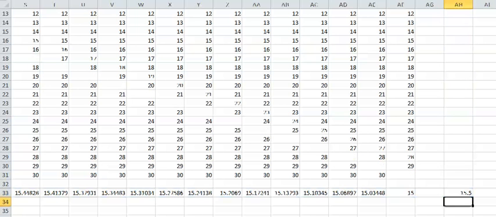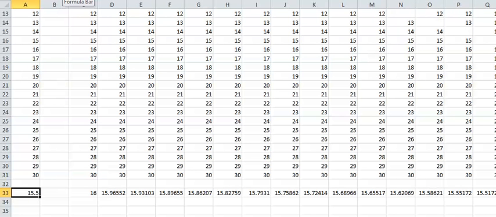The mean is 15.5. So if I calculate the mean of all possible samples of 30, and then calculate the mean of all of those sample means, I get 15.5. So the mean of the sampling distribution equals the mean of the population, even with this other sample size of 30. So we've seen this demonstrated with two sample sizes, possible samples of 29 and possible samples of 30.